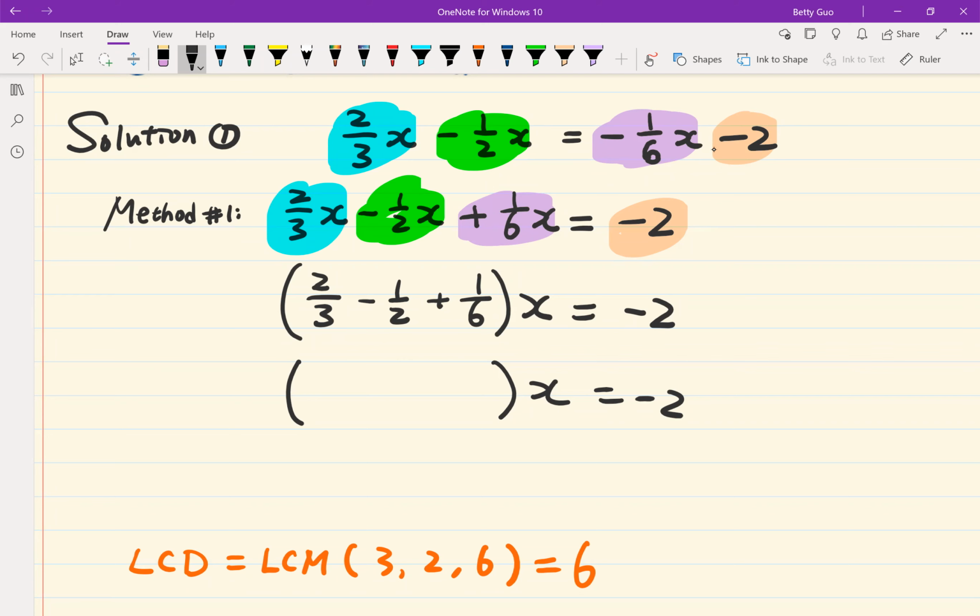This is correct. That's correct. 2 over 6 is 1 over 3, right?